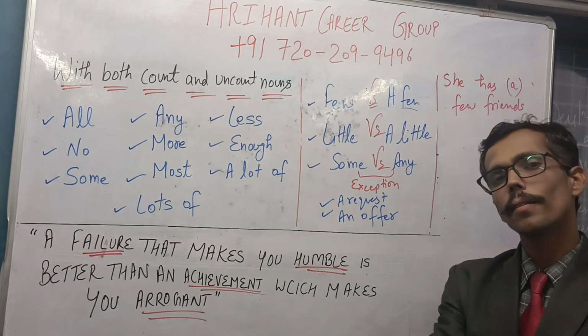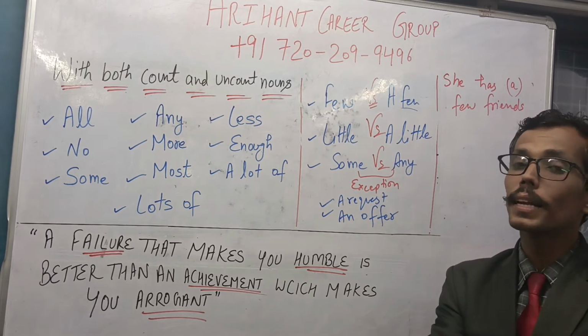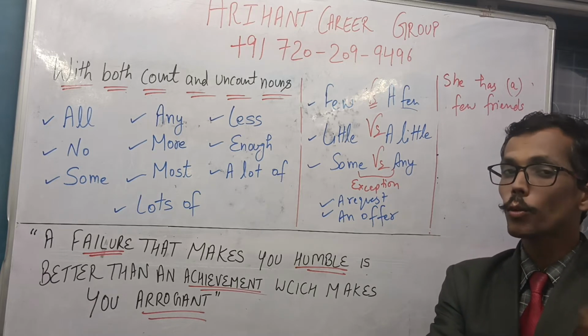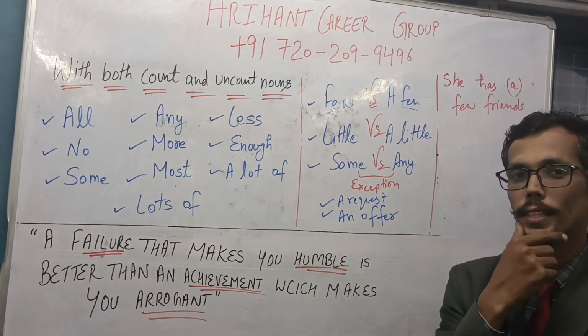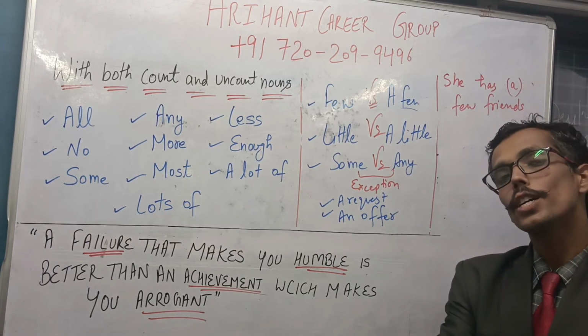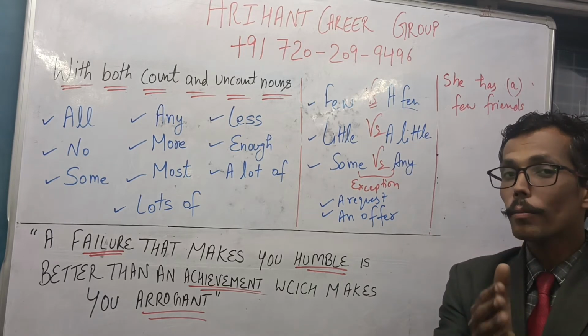If I say that she has a few friends, that means the number is as high as expected. So the number is quite satisfactory, or I can say she has enough friends. Rather than saying a few, if I say that she has few friends, please note I have removed the article here.